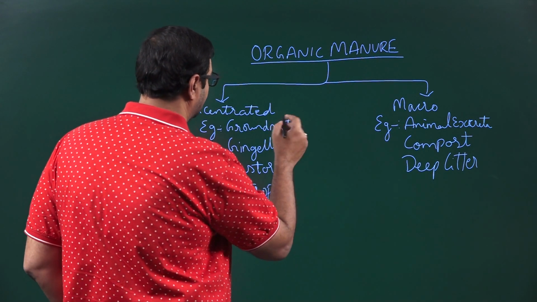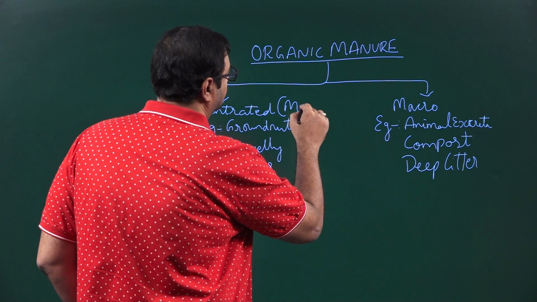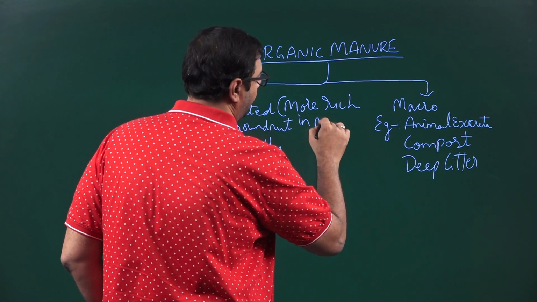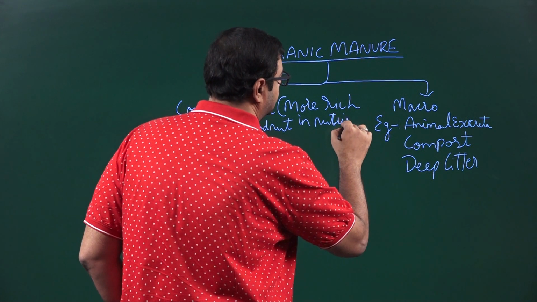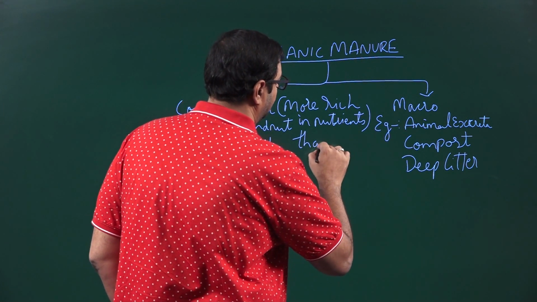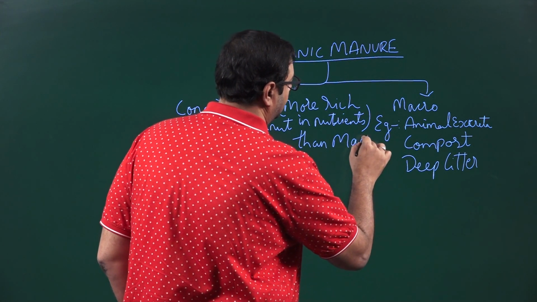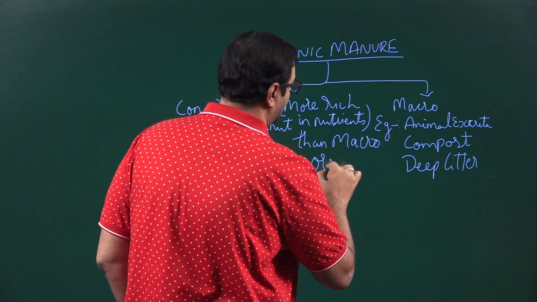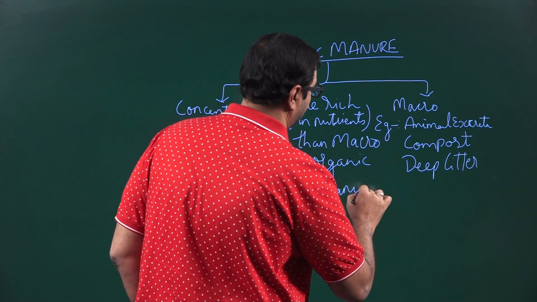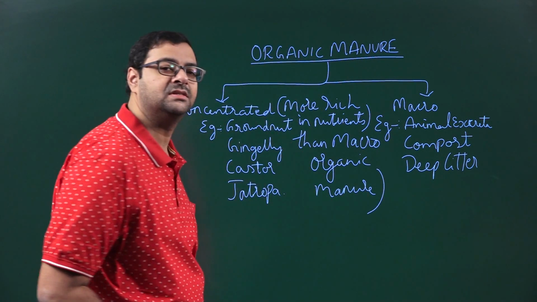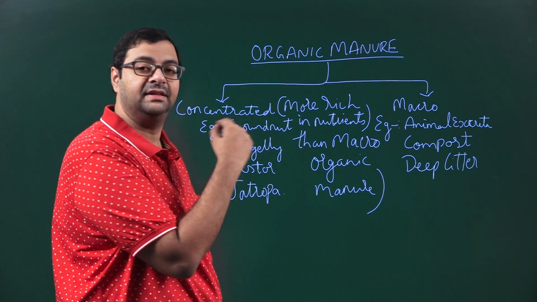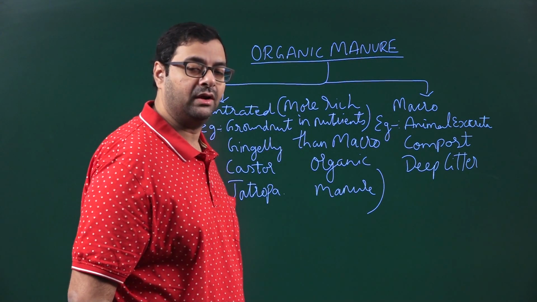So concentrated organic manure is more rich in nutrients than macro organic manure. I hope this is clear. Nutrients are richer in concentrated compared to macro organic manure.